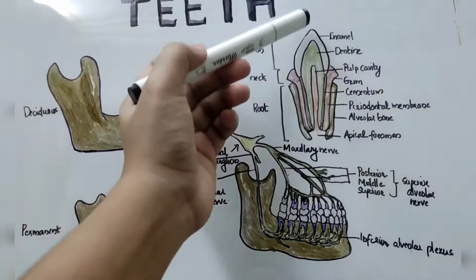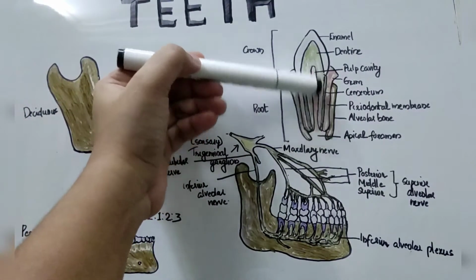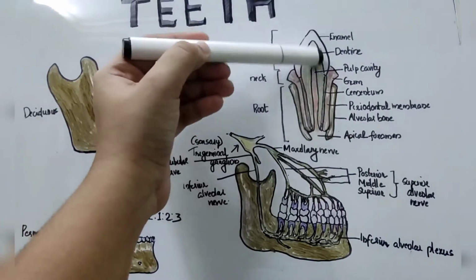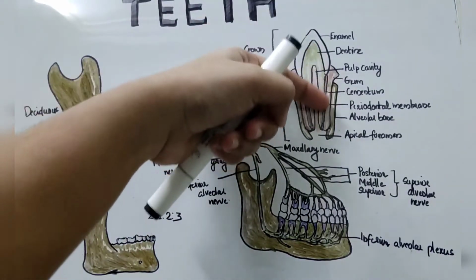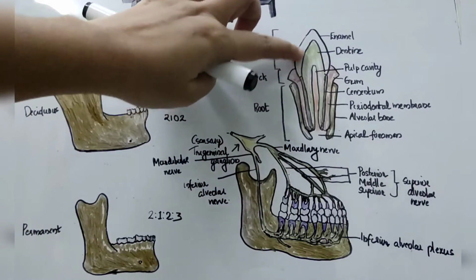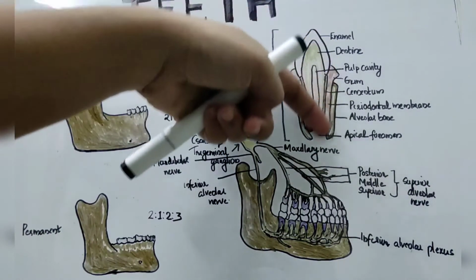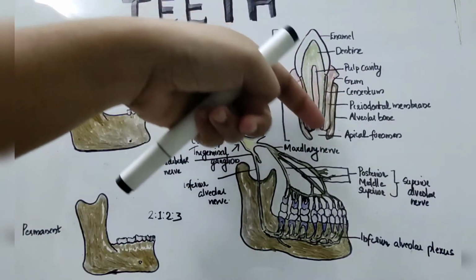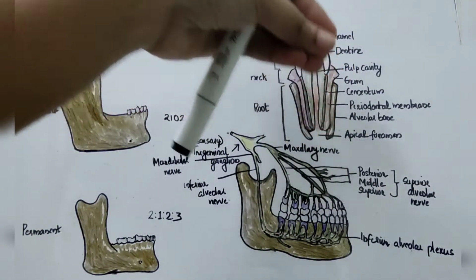Now we will discuss the structure of a single tooth. The innermost part, the center, is the pulp cavity, which is surrounded by dentine. The projecting part of the dentine is covered by enamel, and the embedded part of the dentine is covered by the cementum. The periodontal ligament or membrane keeps the tooth within the socket.